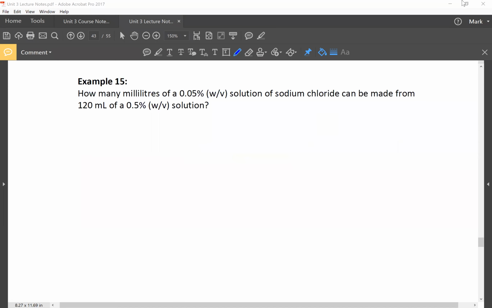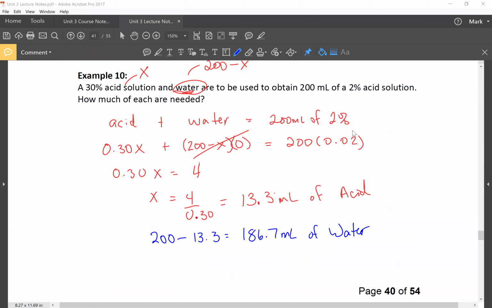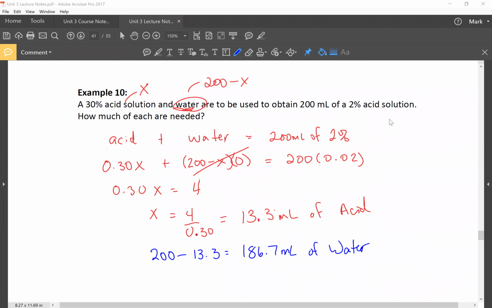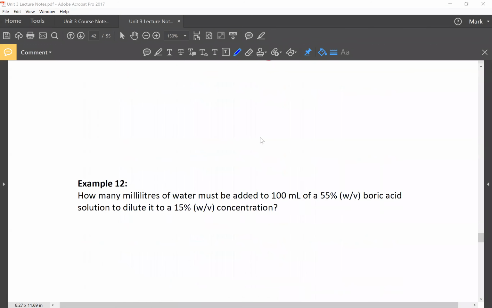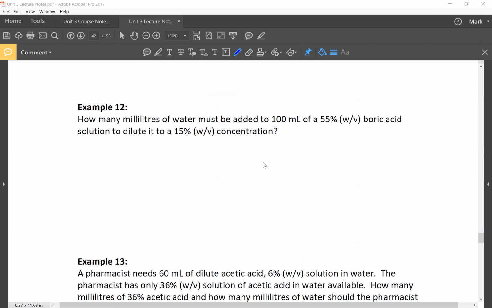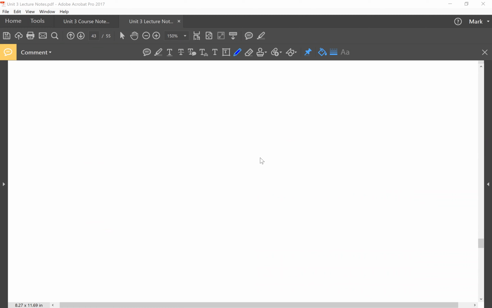I don't really understand the question too much. Sorry, I really don't understand the question. But I don't know. Well, let's do some more examples anyways, and maybe we can figure it out in the other examples. So let's skip ahead a little bit.